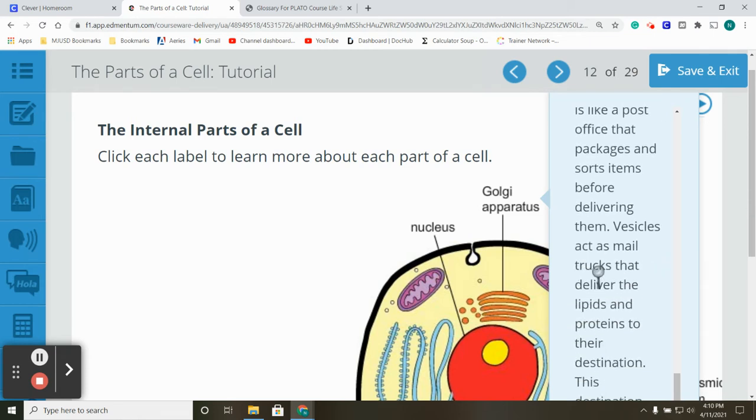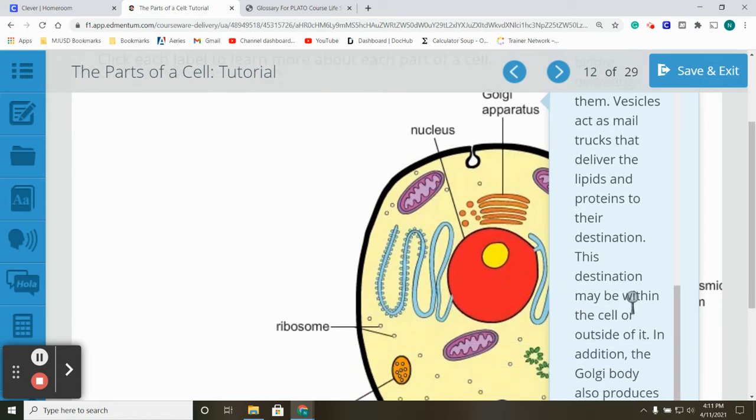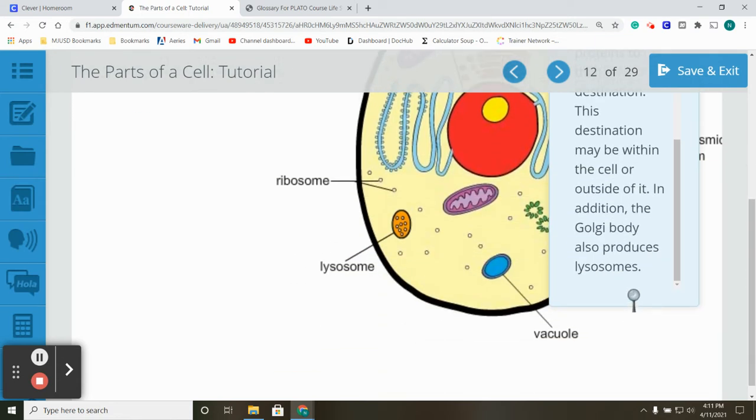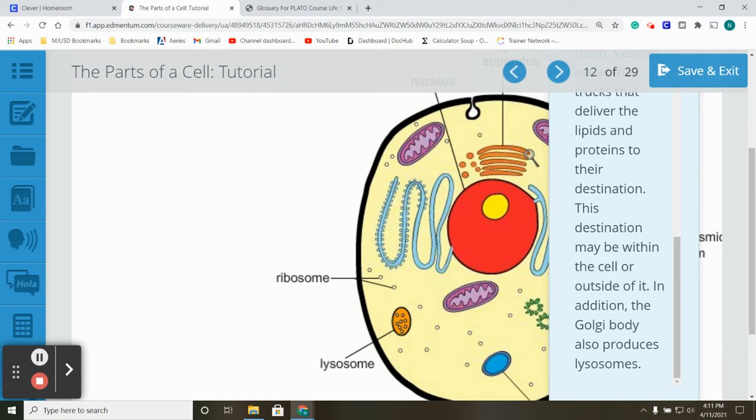Vesicles act as mail trucks that deliver the lipids and proteins to their destination. This destination may be within the cell or outside of it. In addition, the Golgi body also produces lysosomes. So think of this as like a factory going back and forth on the conveyor belts, and then the packages are being sent out after that.